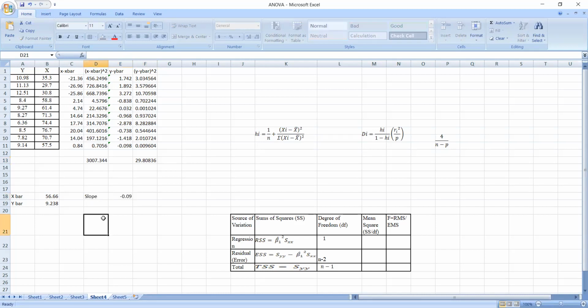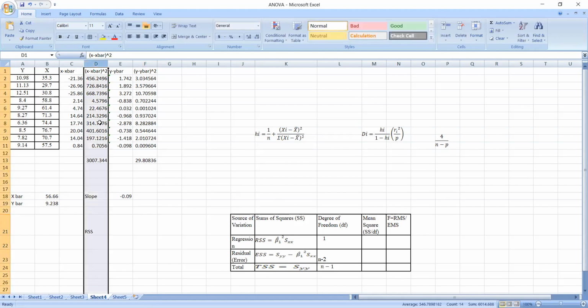Then to calculate the regression sum of squares, RSS, we can use this equation. We take the squared value of our beta 1 parameter and multiply it with SXX, where SXX is the summation of xi minus x bar squared.